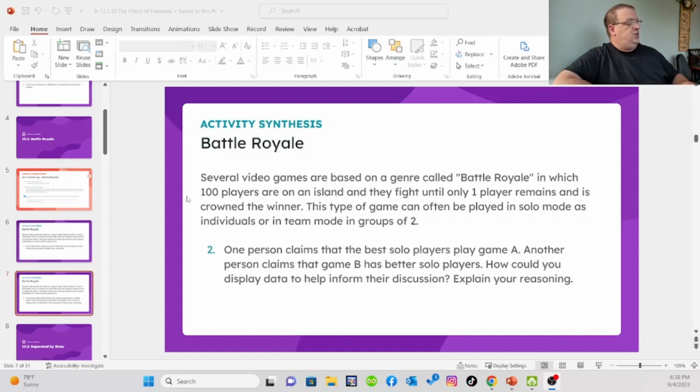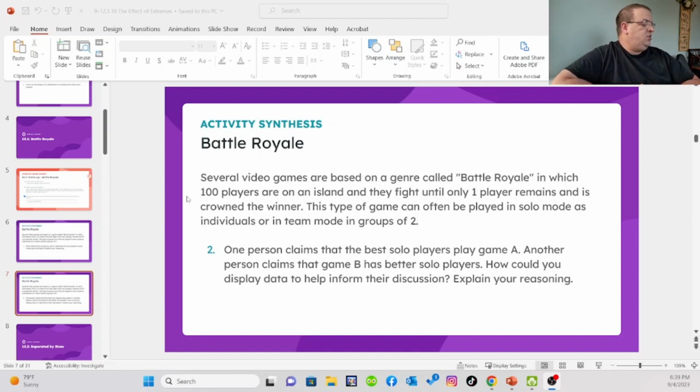And question 2, one person claims that the best solo player play game A, another person claims that game B has better solo players, how could you display data to help inform their discussion and explain your reasoning? So in the first one, you're thinking about what quality are we looking for that determines who should win.